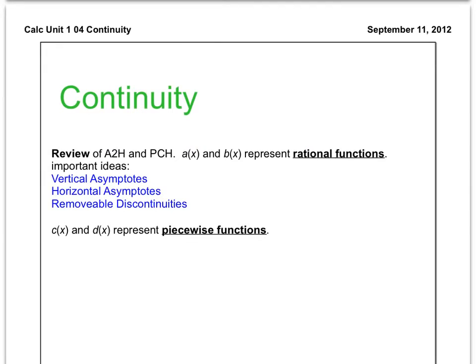Okay, today we're going to talk about continuity, which takes the limits to a next step. This is also going to review some of the ideas from pre-calculus: vertical asymptotes, horizontal asymptotes, removable discontinuities, or holes. So A and B are rational functions, C and D represent piecewise functions in the following examples.